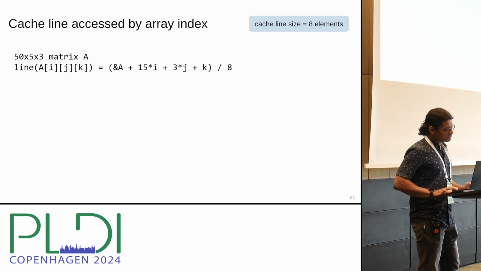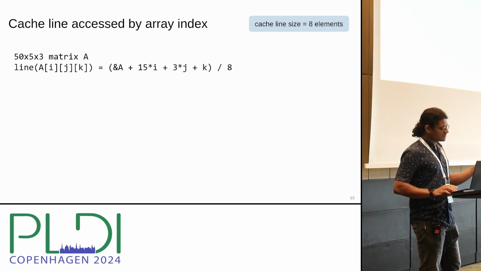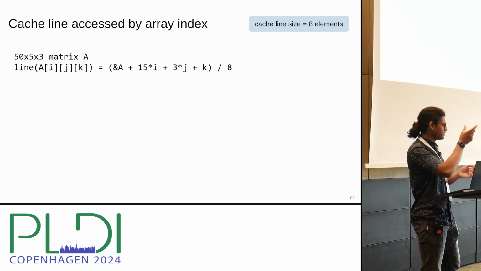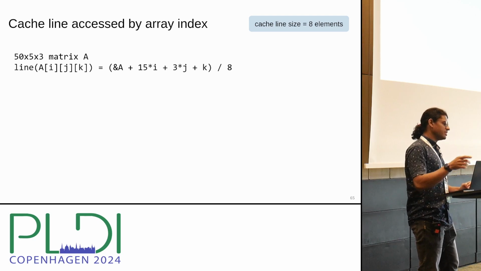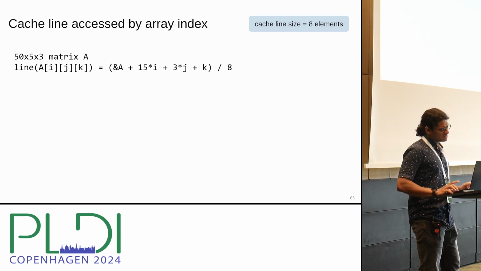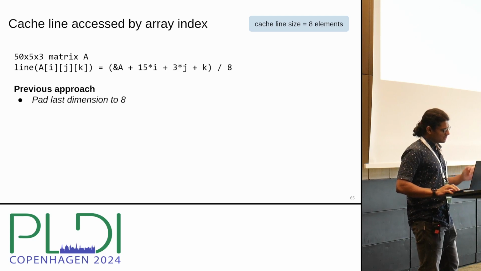To find out which cache line is hit by some array access, you have to compute the base address of the array plus the linearized access expression, and then float divide by 8 because there are 8 elements in each line. This expression is complicated, so it can end up being slow in practice.